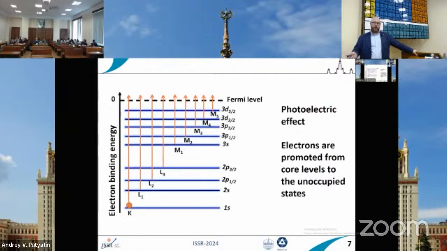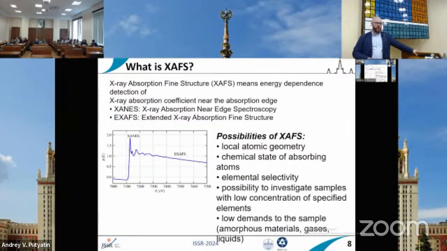Then there is a vacancy, and then there is a cascade of electrons that goes from the upper shells to the lower shells. But again, we will see this dependence on the energy absorption of the X-ray depending on the energy of these electrons, either on the K shell or L shell or higher shells.